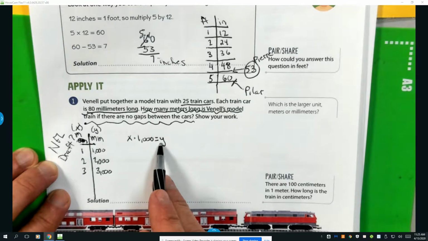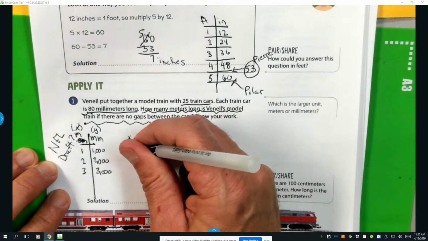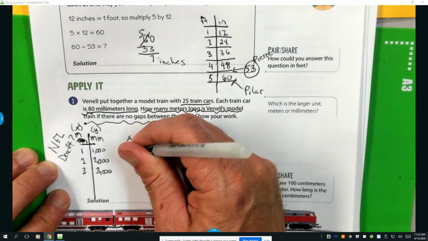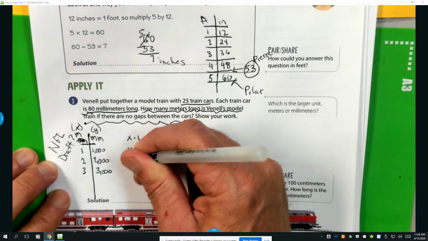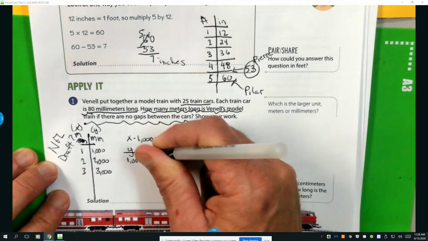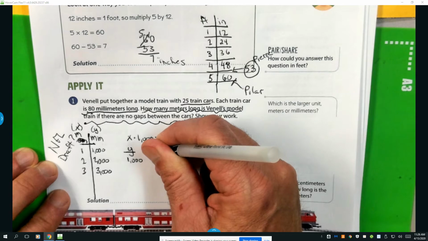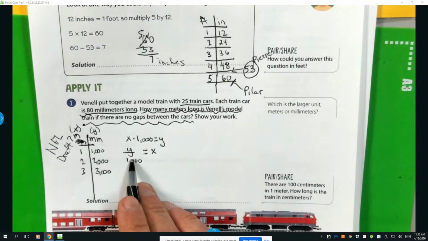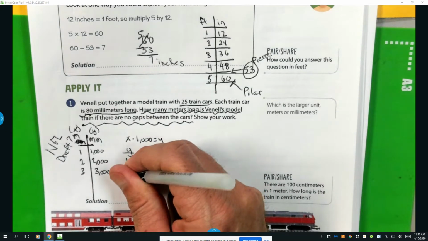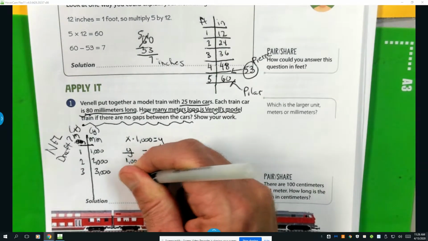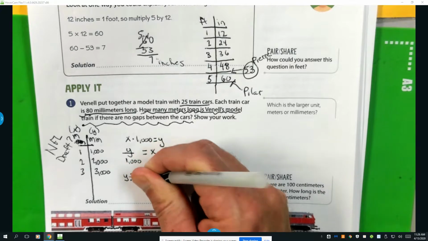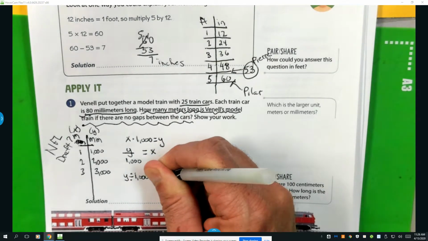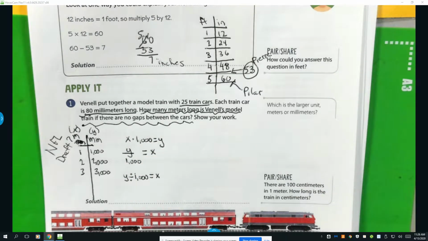Divided by 1,000. So Y divided by 1,000 will equal X. All right, and I tried to write that algebraically. If you're more comfortable saying Y divided by 1,000 equals X, go ahead and do it that way. It doesn't matter to me.